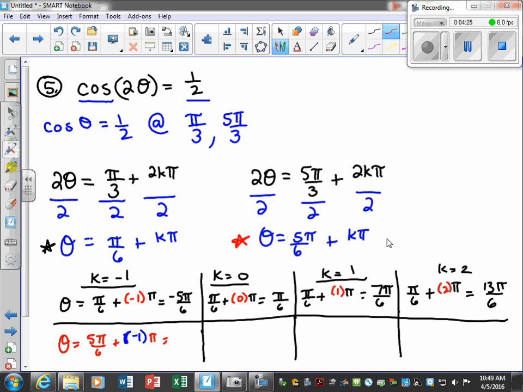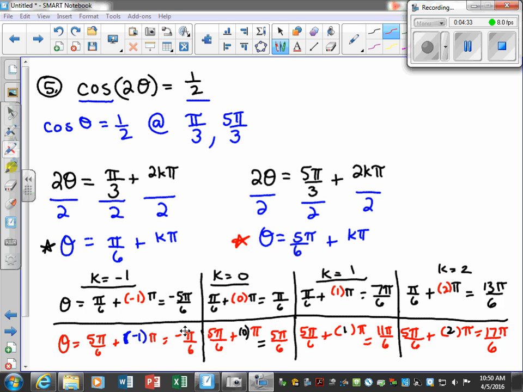So 5 pi over 6 minus pi will be -pi over 6. You continue on and finish out the others. Okay, so -pi over 6, 5 pi over 6, 11 pi over 6, 17 pi over 6. So we have the multiples of k that we're looking at.